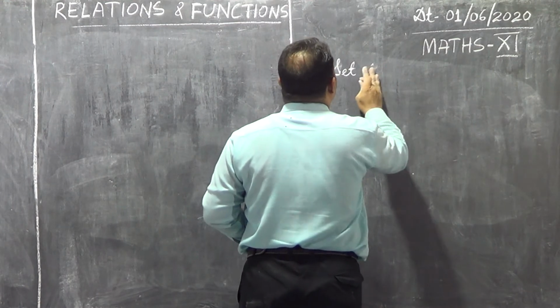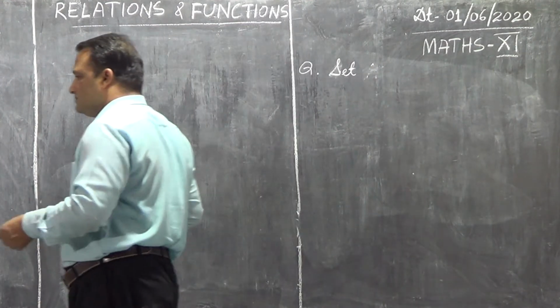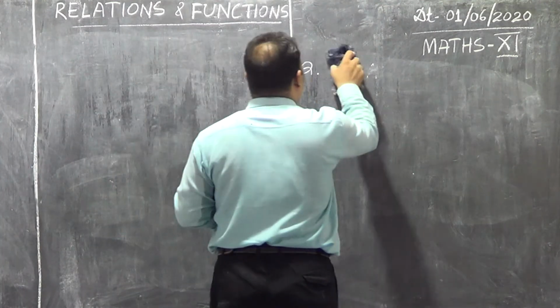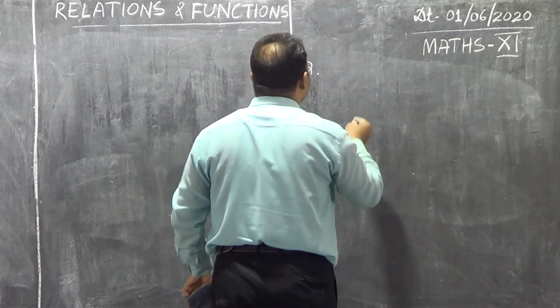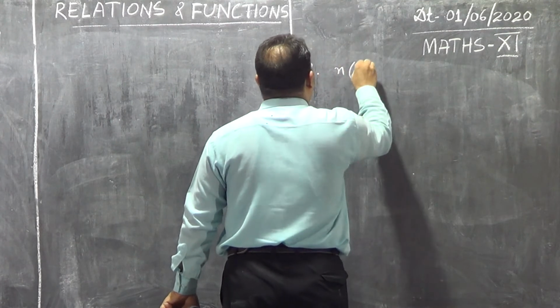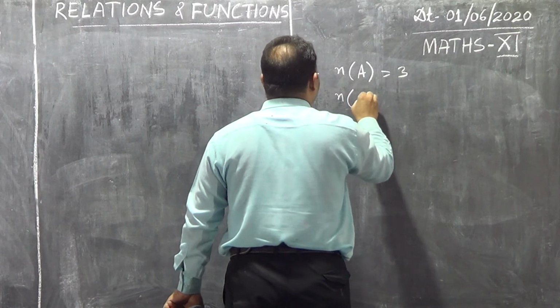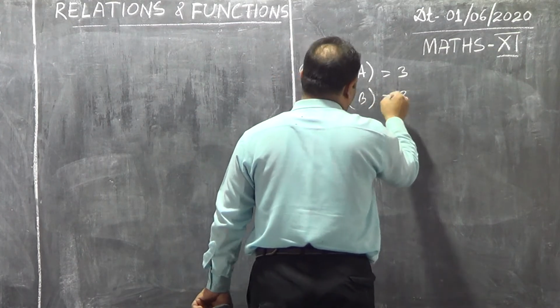Set A, cardinal number of set A is 3, cardinal number of set B also 3.